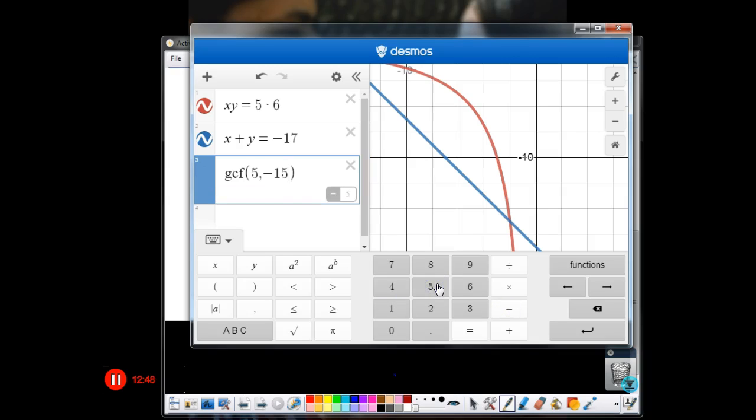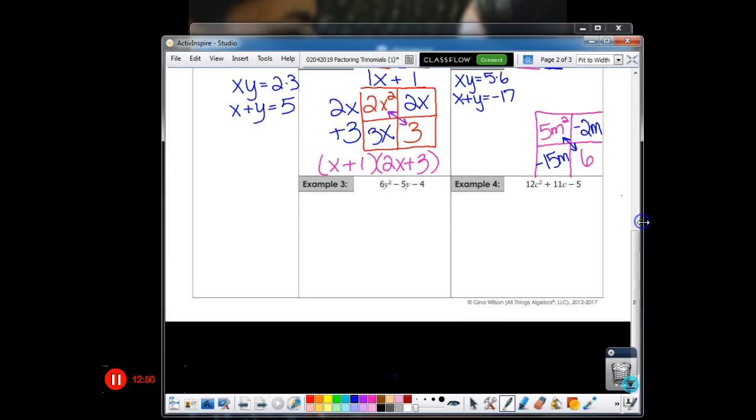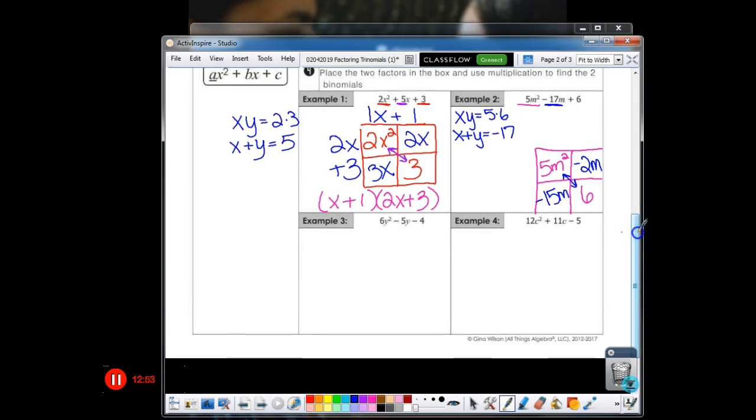So the GCF of 5 and negative 15 is 5, right? So that means the 5 and the 15, the 5 is up here. And then this was 1m, right? And then 5 times 1 does give me 5. Okay, so you have to check that too. Does that make sense? So the GCF of this goes up here. The GCF of this comes right here.